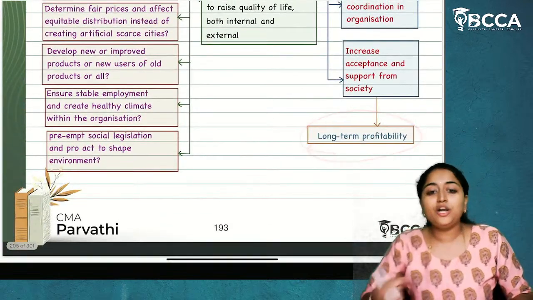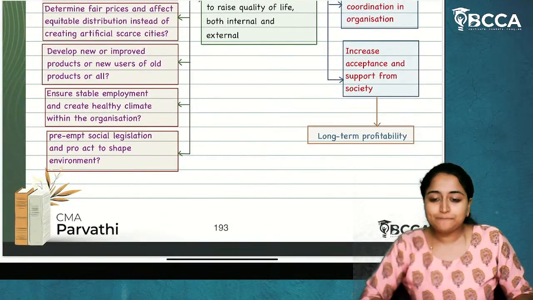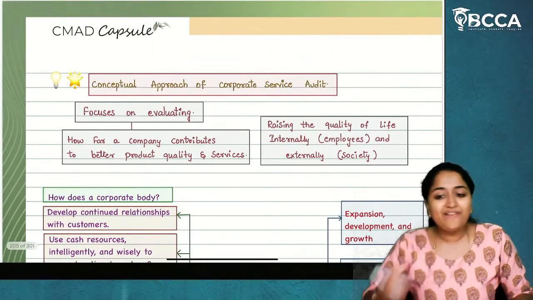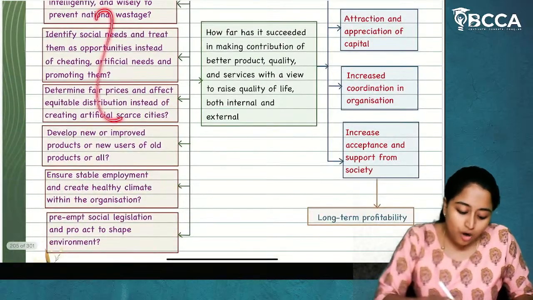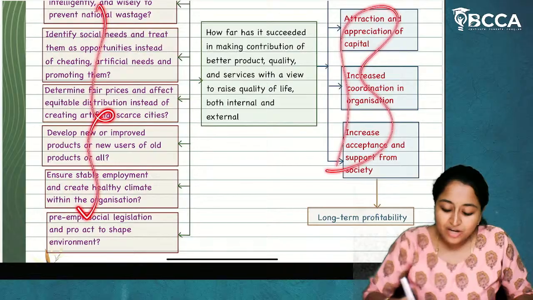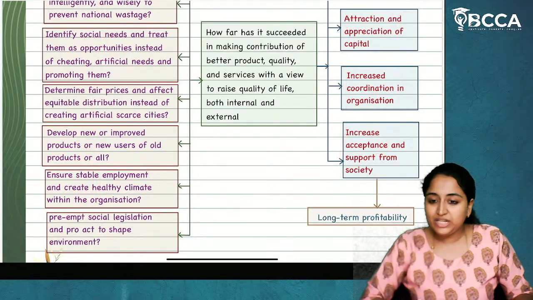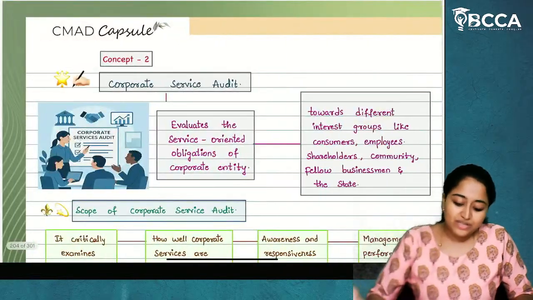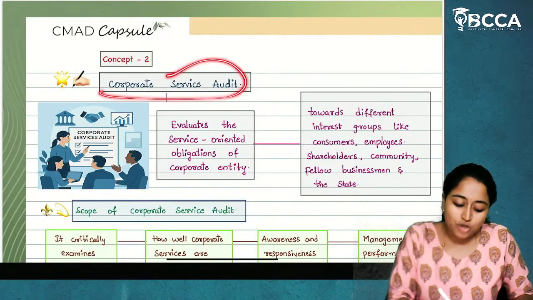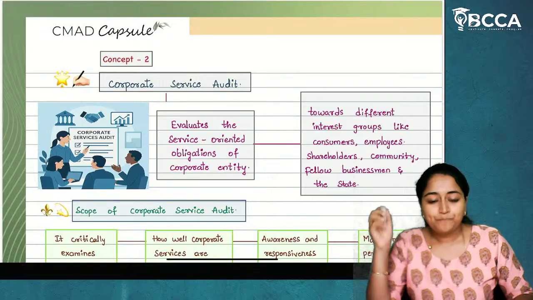It will have a long-term profitability impact. So this is the evaluation which will be done. If everything is satisfied, then it will have long-term profitability. So the evaluation of how services are being provided to different interest groups by the organization is called corporate service audit. I hope it's clear.